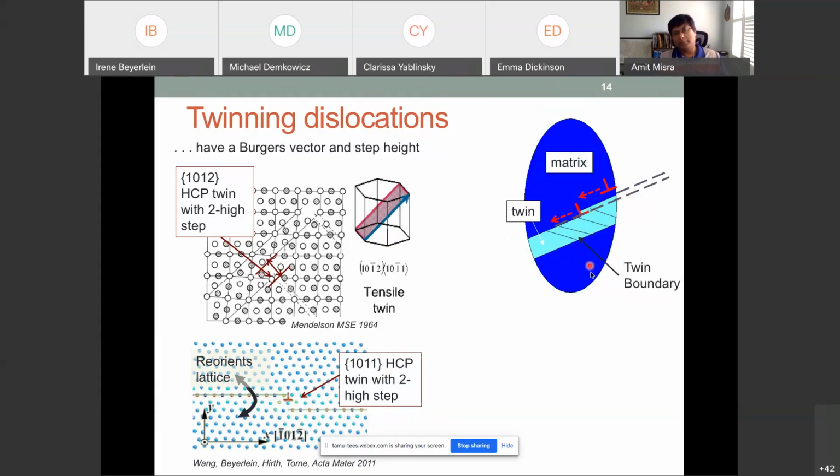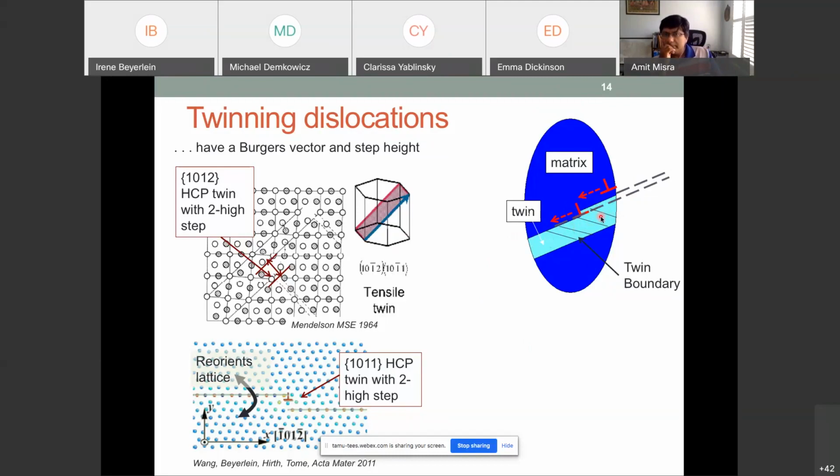Because of that, we see twins. If you have a twin, how they will grow is that you'll have these sequential glides of twinning dislocations on adjacent planes. And as they glide, they reorient the material behind them.